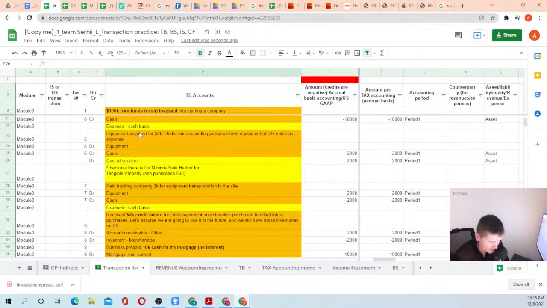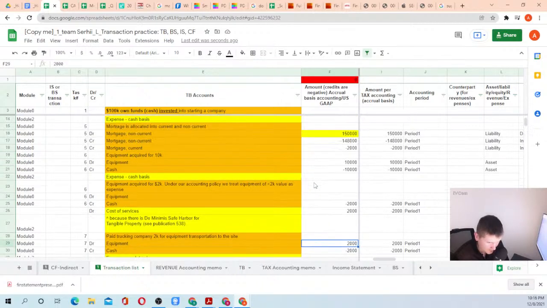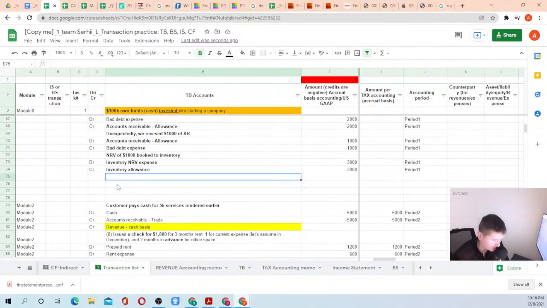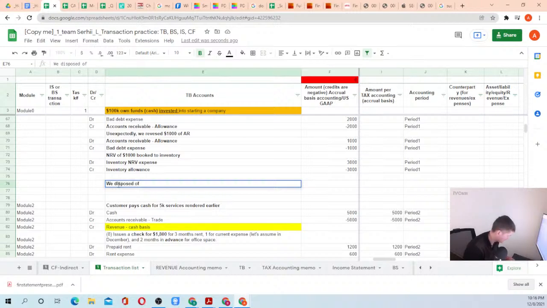Okay, we just expand this one. We have one equipment for 12,000. We disposed of 12K worth of equipment, and let's say we made a gain here for 14K.